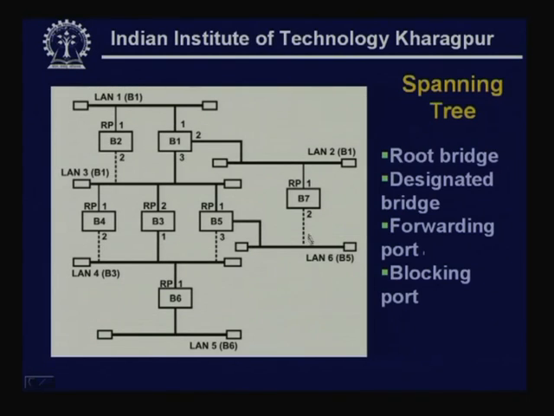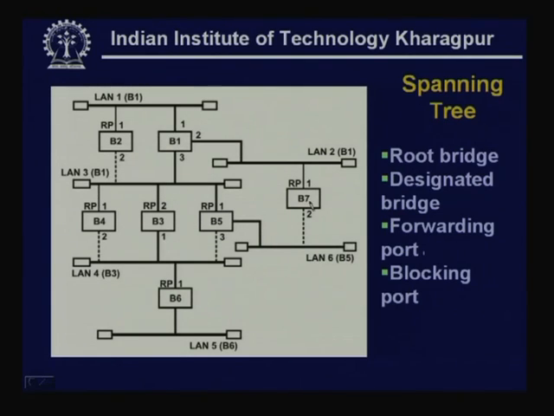And whenever you do this, you find that from any LAN to any LAN there is a unique path. For example, from LAN 1, if you want to go to LAN 2, you have to go only through this bridge B1, and from LAN 2 to LAN 3, you have to use bridge 7, then from bridge 7 it goes to bridge 1, then to bridge 2, then through bridge 1 it goes to LAN 3.